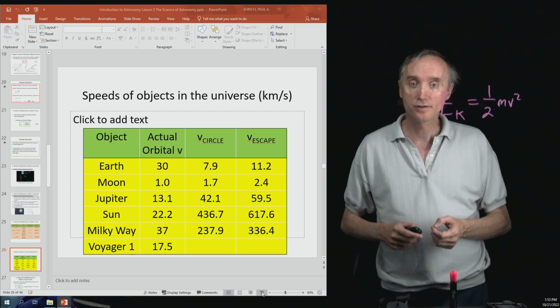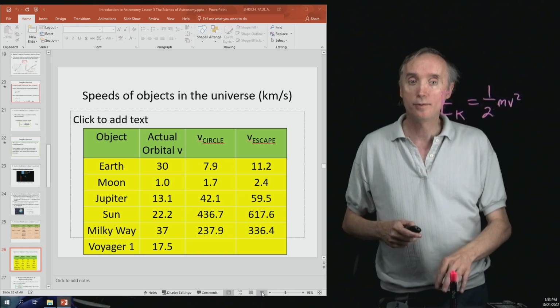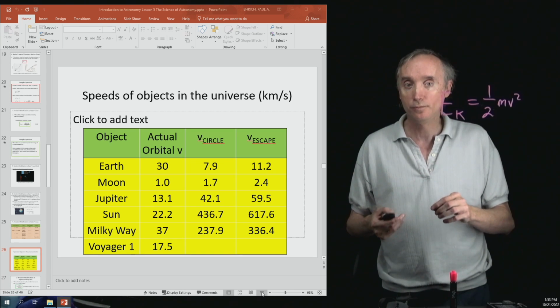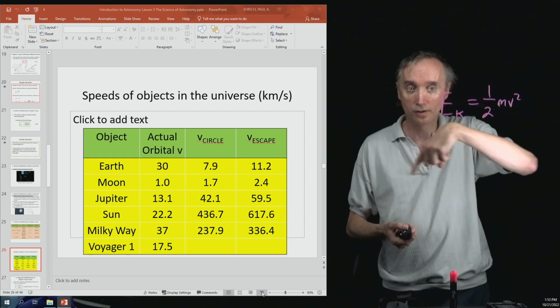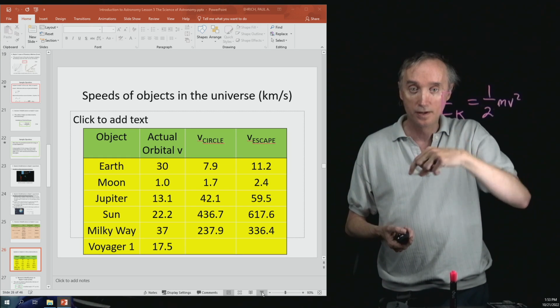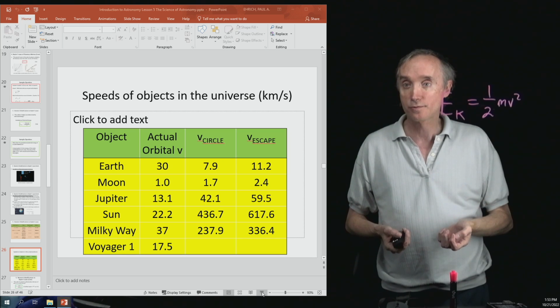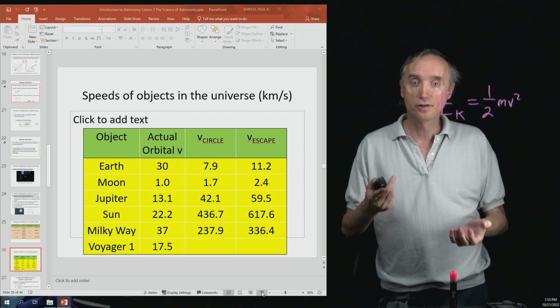But here, for example, the circular speed for an object in orbit around the Earth is 7.9 kilometers per second, and then it would go in a circular orbit around the Earth. If, however, it could go at 11.2 kilometers per second, it would escape. Now look at the moon.